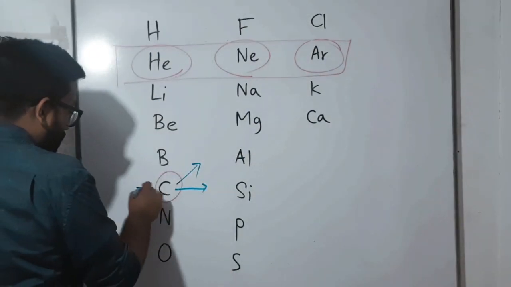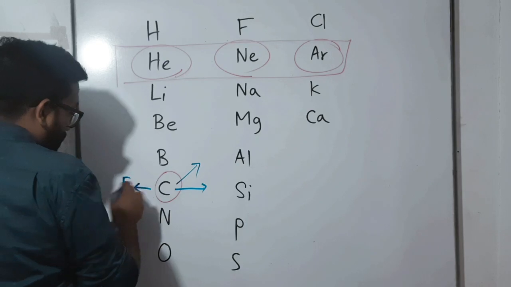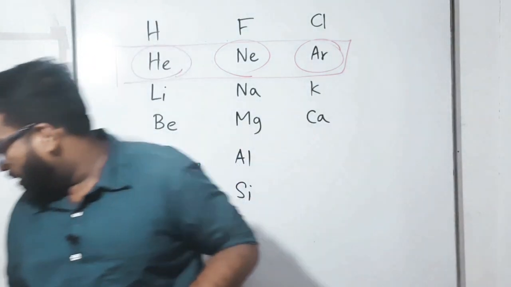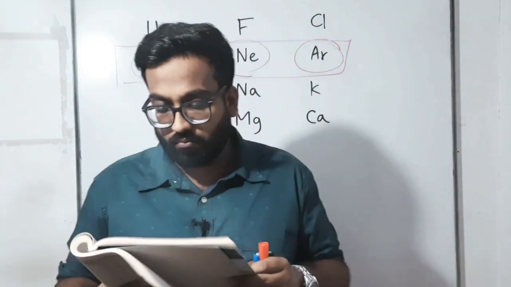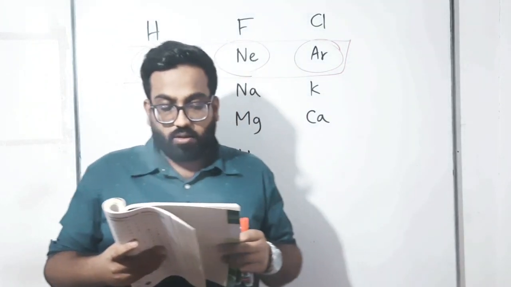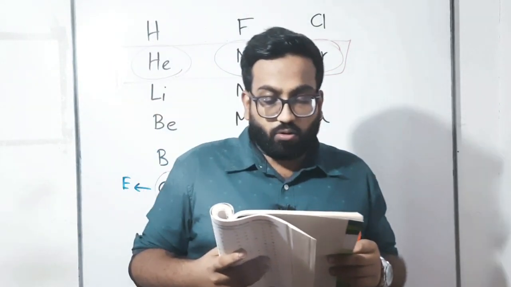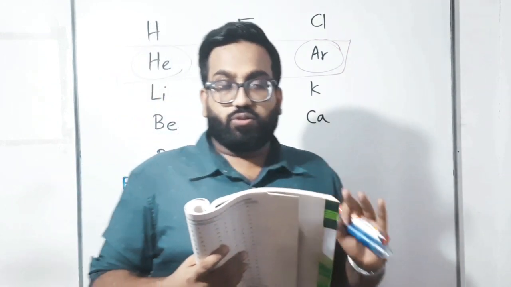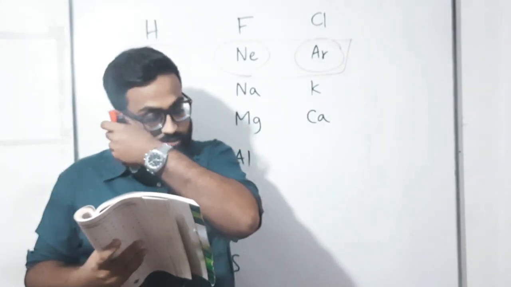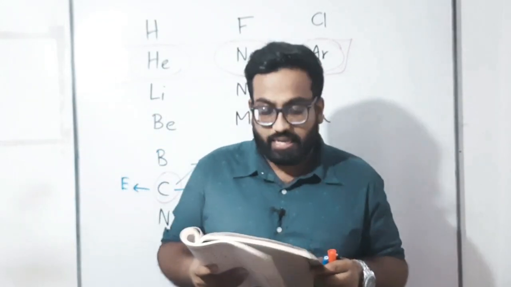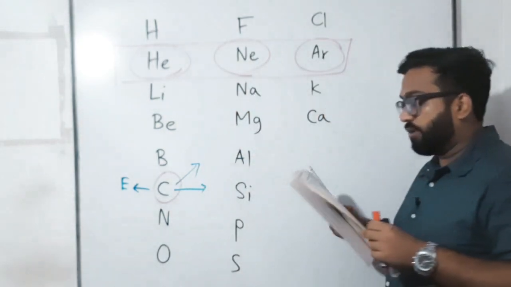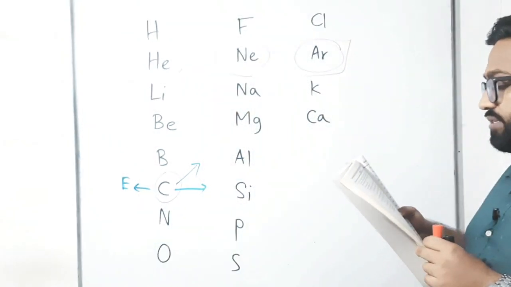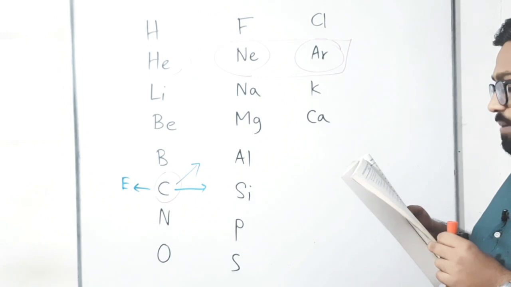This is carbon. Here the given symbols are not the standard symbols, that's okay. Those are the only information we are given here. And we have found element E. So what is element E? That is carbon.